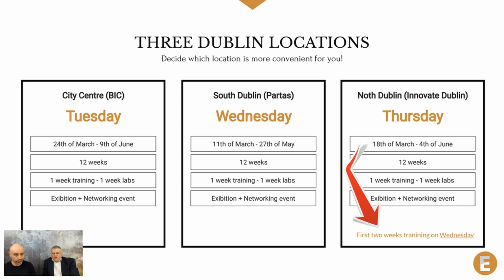So it's just off Stephen's Green. When we say South Dublin, there's often a lot of confusion between South Dublin County and South County Dublin. So we're South Dublin County, not South County Dublin. So it's Tallaght. So we're just off Stephen's Green, we're in Tallaght, and we're in Ballymun.